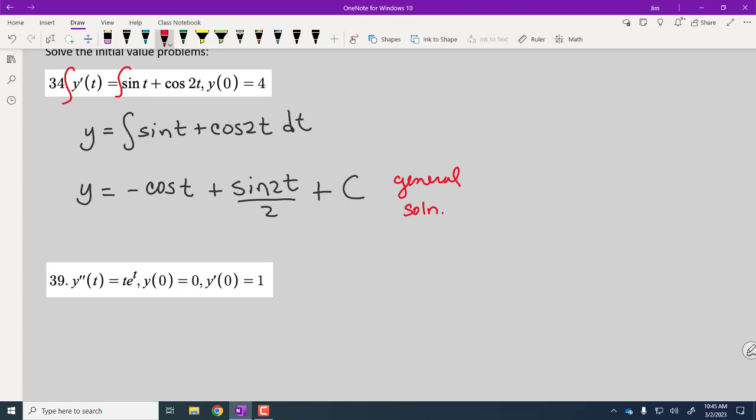Now we want to get to our particular solution, which is found by using the initial value. So when t is 0, y is 4. We're plugging in 4 for y and 0 for the t values, so we have this expression right there.